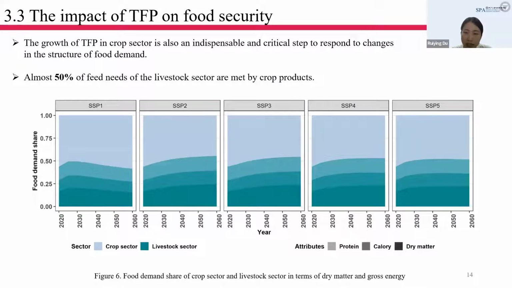The growth of TFP in the crop sector is also an indispensable and practical step to respond to changes in the structure of food demand.